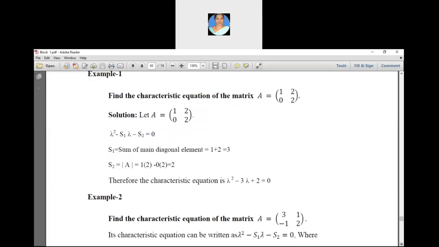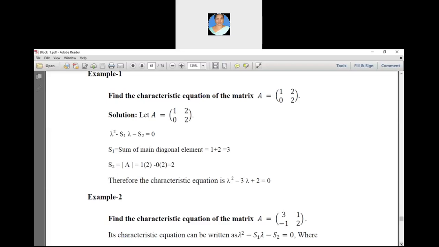Our formula is lambda square minus S1 lambda plus S2 equal to 0. S1 is the sum of the main diagonal elements. Our main diagonal values are 1 and 2, so we get 3. S2 is the determinant of A, and we find our value is 2.